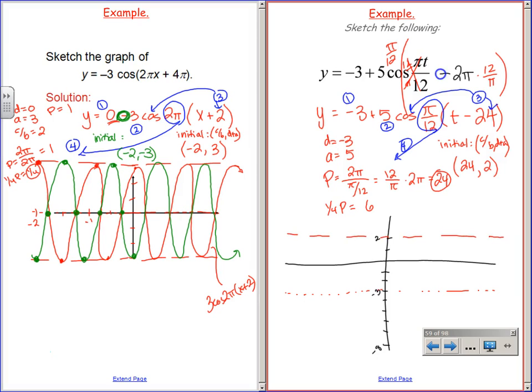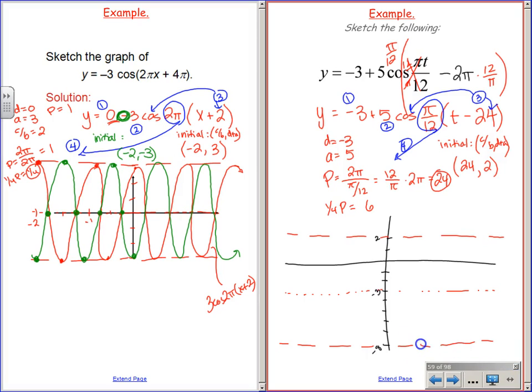And don't I have to go down 5, which would be -8? You guys see what changed? This little sinusoidal axis moved everything. So I had to go down 3. Now I had to go up 5 from that, down 5 from that to get my wave all set up and ready to go. I need to start at 4 and go by 6s.